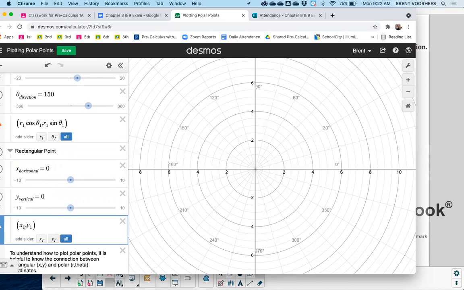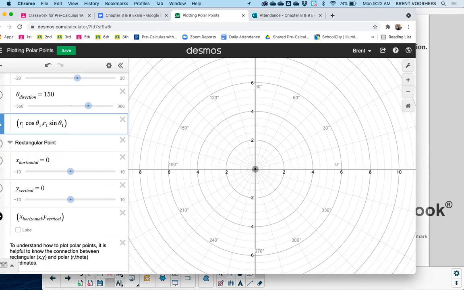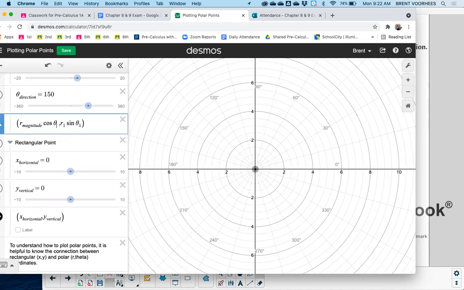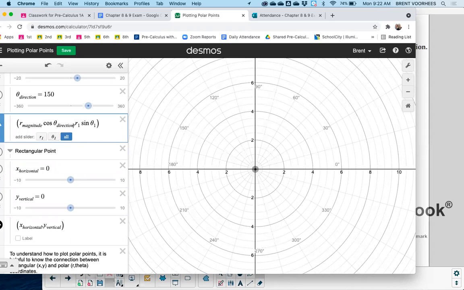Now yours isn't updated yet, but I'm going to load this in just a moment. So vertical, and now up here, I need to change this to magnitude, and this one to direction, so that you can make more sense of all this when I use the proper vocabulary.